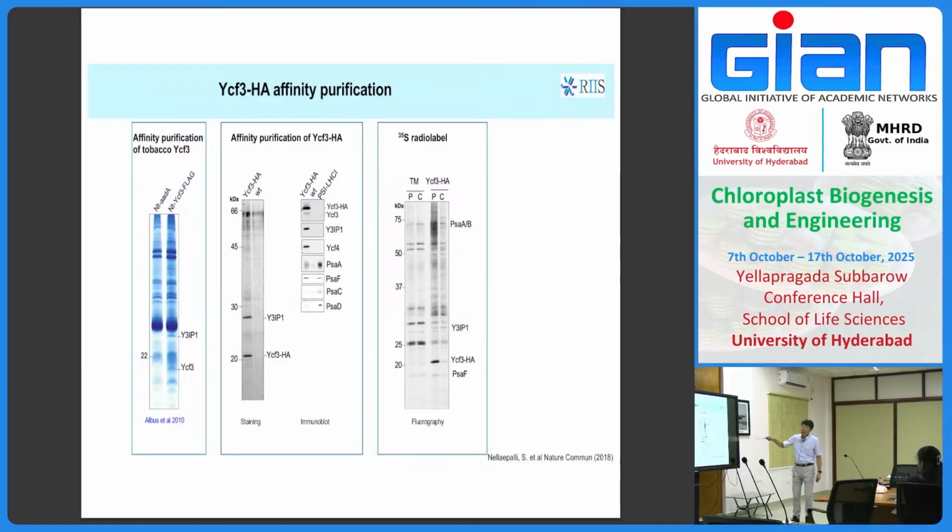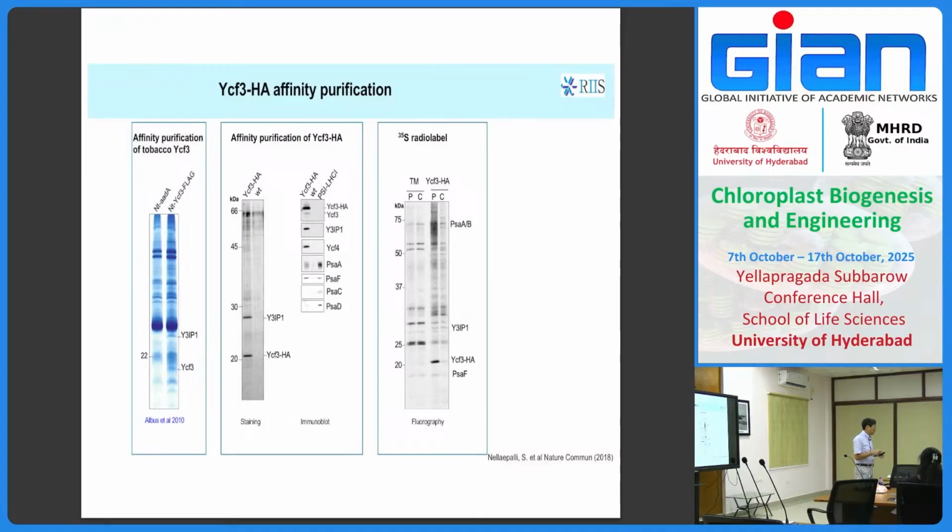Then we did pulse chase labeling. After pulse labeling, the YCF3-HA preparation contained pulse-labeled PS1 reaction center and also PSAF a little bit. But during a chase experiment, this label disappeared. Okay, so that means that the binding of a small amount of PS1 associated with YCF3 is transient.